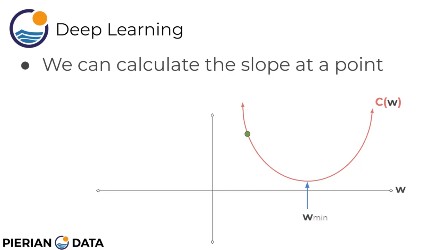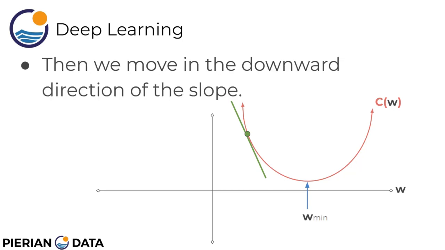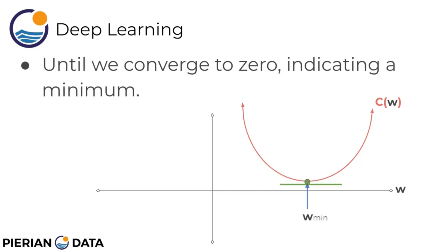And again, what we're searching for here is that W value that minimizes this cost function. So we calculate the slope at one point, and then we move in the downward direction of the slope. And you keep repeating this process until eventually you converge to 0, indicating a minimum.